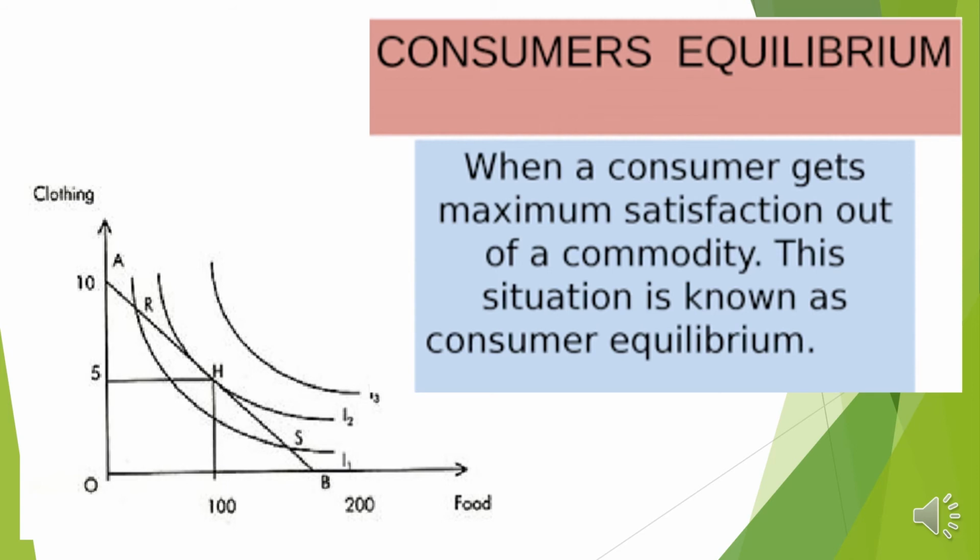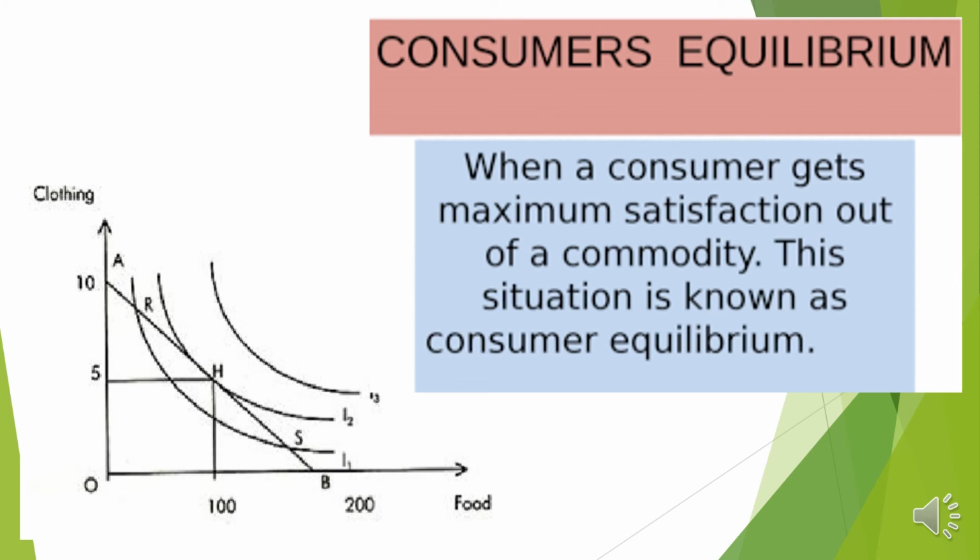When a consumer gets maximum satisfaction out of a commodity, this situation is known as consumer equilibrium. There are two tools: the indifference map and the budget line.